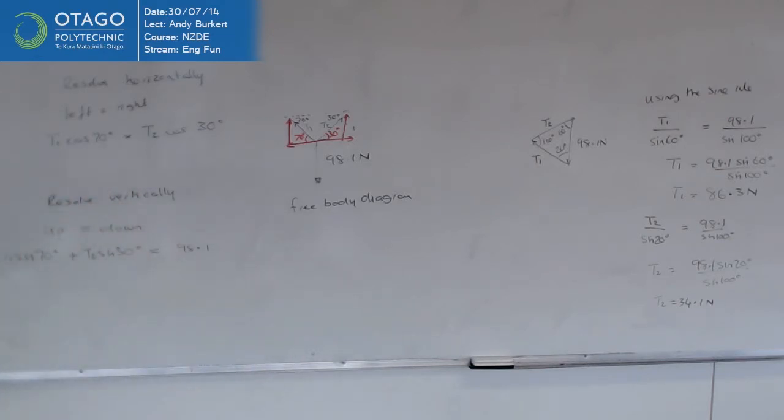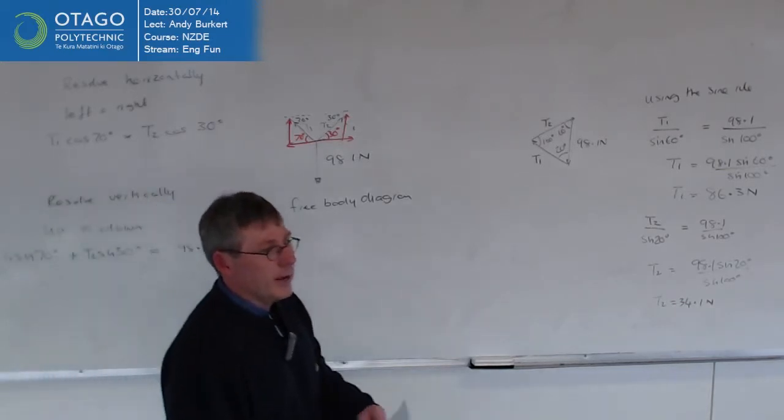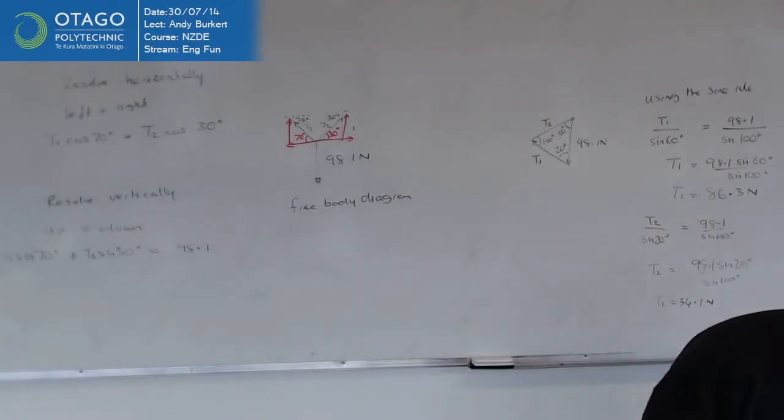Okay, so now we've got two equations with two unknowns. We can solve them using simultaneous equations. Yeah? So how are we going to do that? What can we do to make sure we get the right answer?